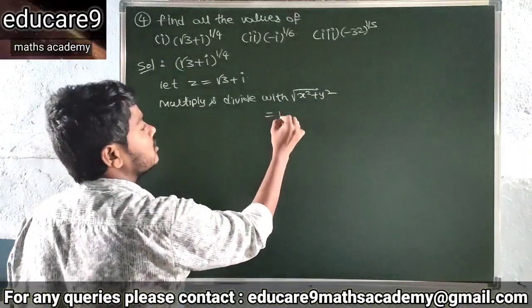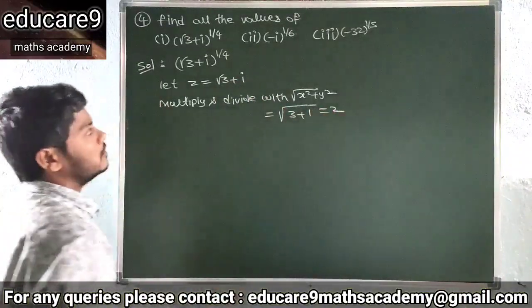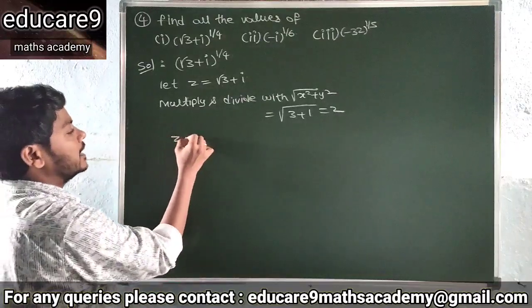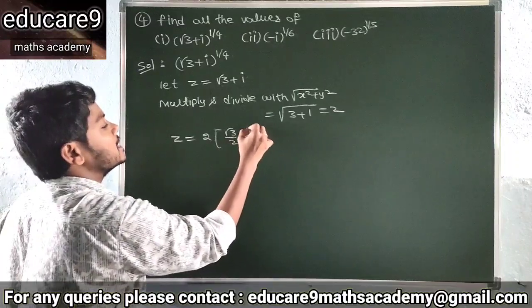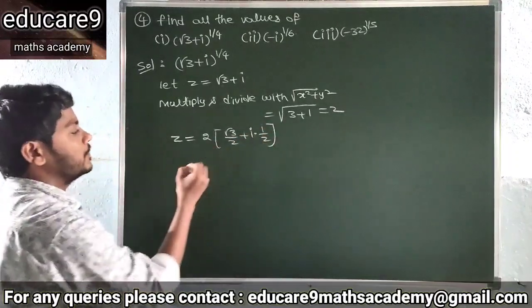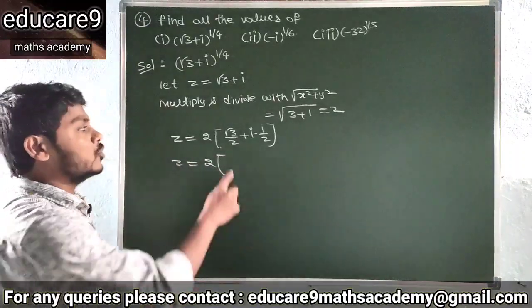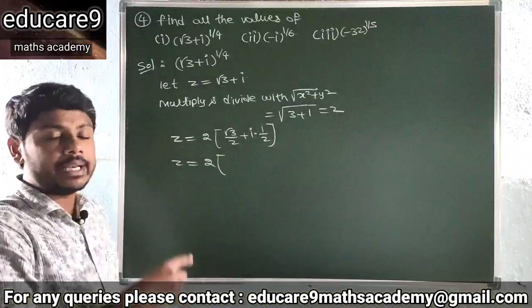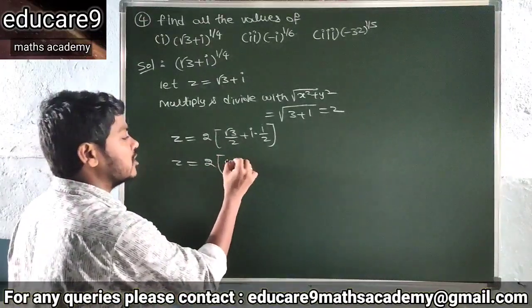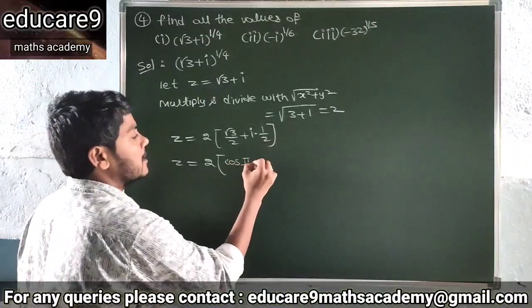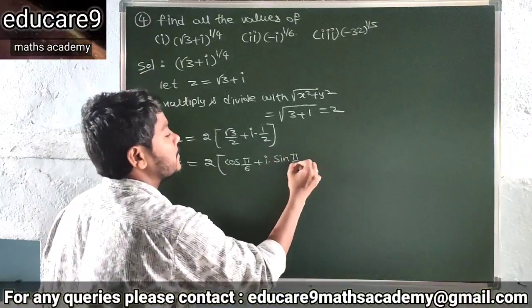So clearly this is square root of (root 3) whole square, 3, plus 1. You will get 2. So therefore z can be written as 2 times of (root 3 by 2 plus i into 1 by 2). Now z is equal to 2 times of, here write root 3 by 2 plus i into 1 by 2 in terms of cos theta plus i sin theta. So clearly this is cos pi by 6 plus i sin pi by 6.